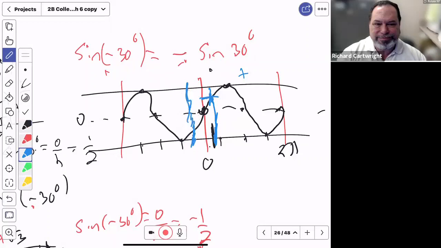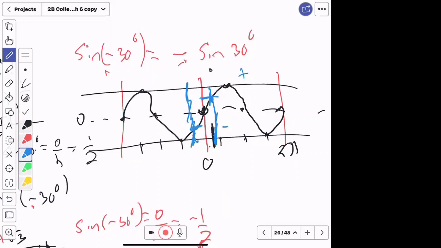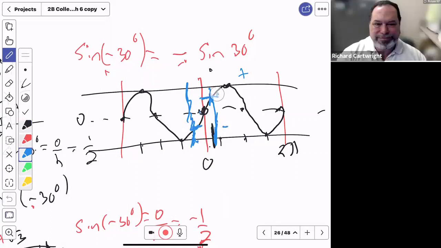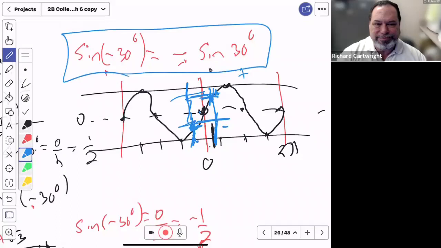Check it out. What's the y value here? Negative. You see why the sine of 30 is the opposite of the sine of negative 30? It's symmetrical, but one is up here and one is down here. You see why this definition is true?